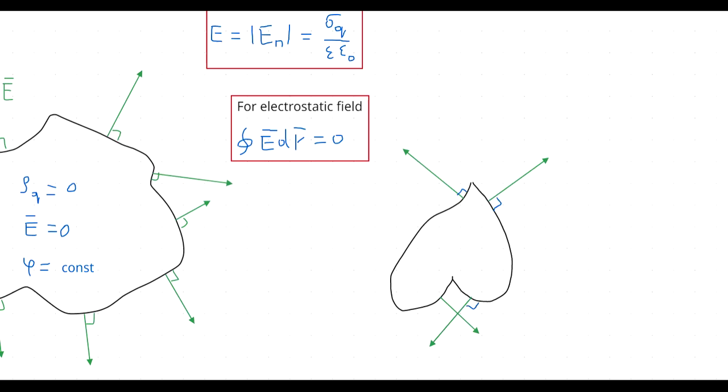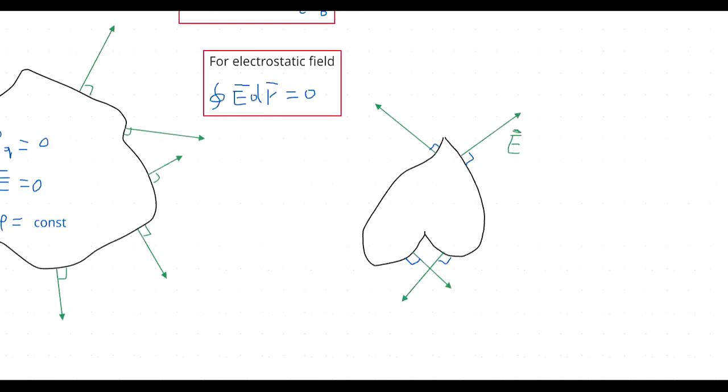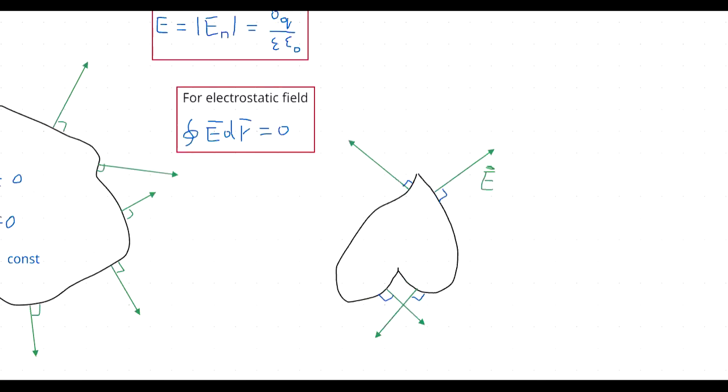Such directions of electric field intensity vector mean that this electrostatic field will remove electric charges from here, and will concentrate them on a tip.